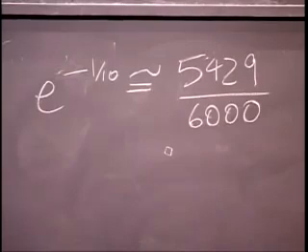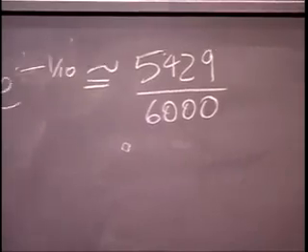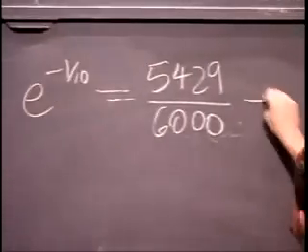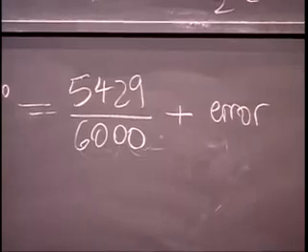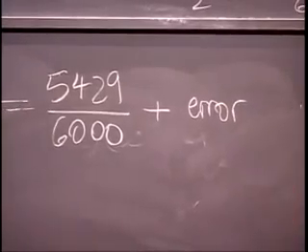A good way to understand this is to write that e to the minus 1/10 equals 5429 over 6,000 plus something, which I'm going to call the error. It's how wrong I am. Hopefully it's small. As we saw, it is very small.